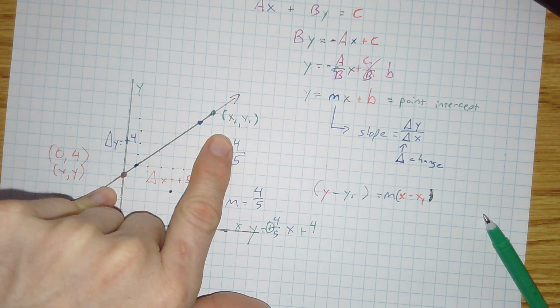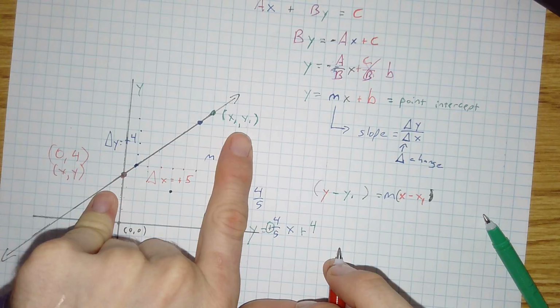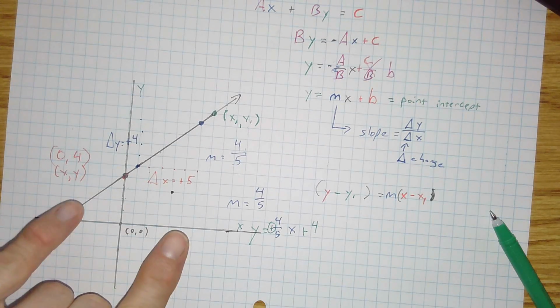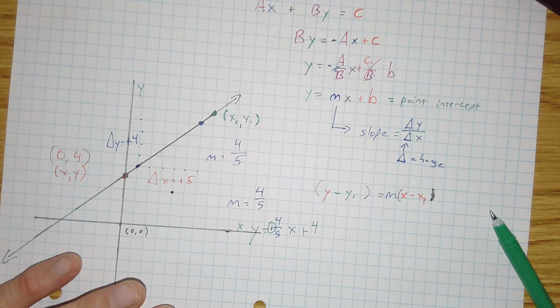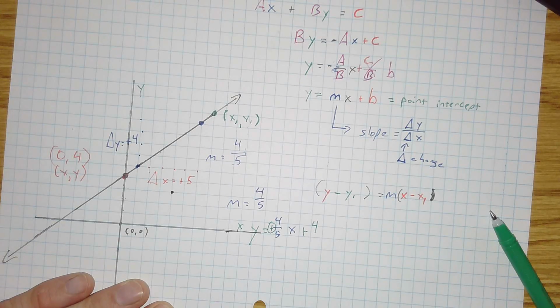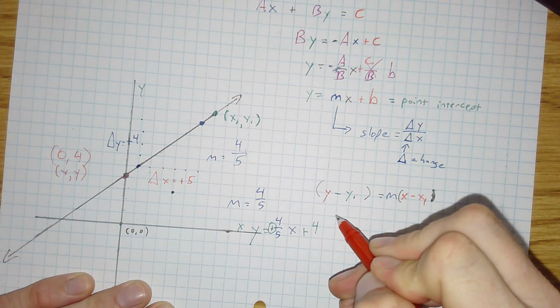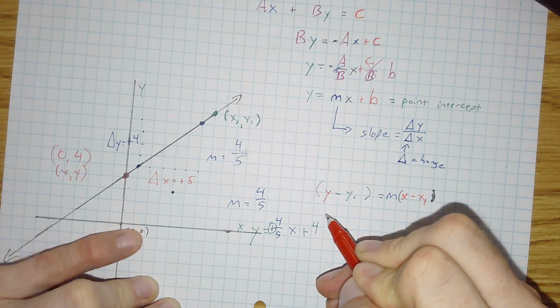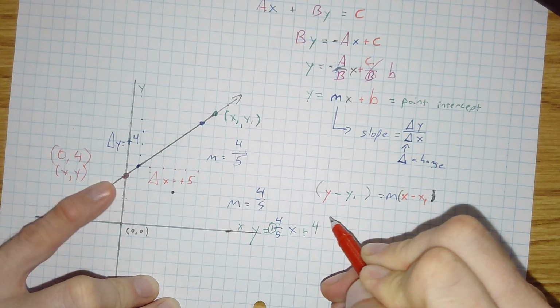So we put in our values for our red numbers, so we'll be able to get at least some of the information here. Okay, so we're going to put in 0 for our x value, and our y value is going to be 4.